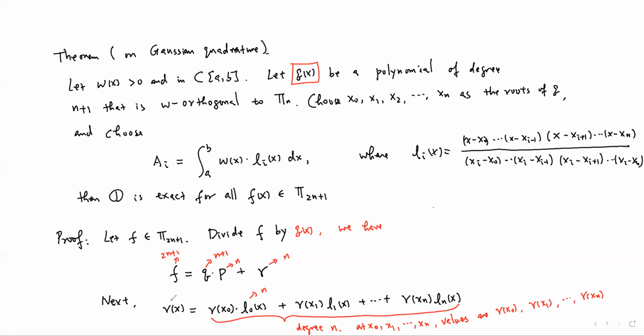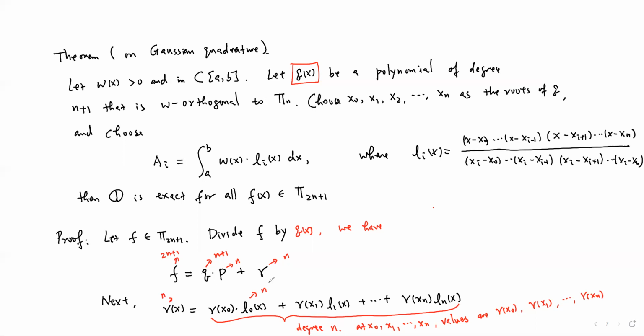The left side also has degree at most n and interpolates the function itself at the n plus 1 nodes. So the two polynomials are equal.